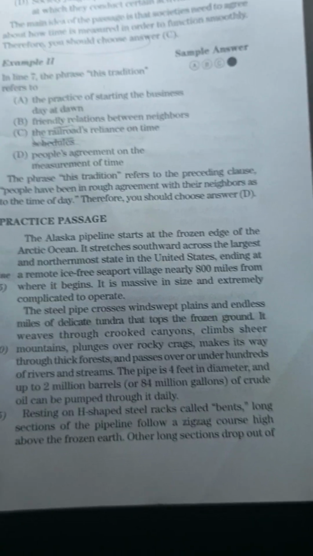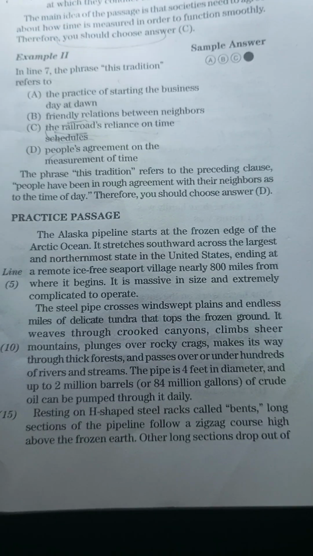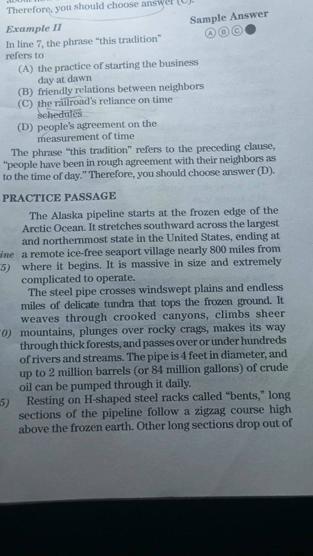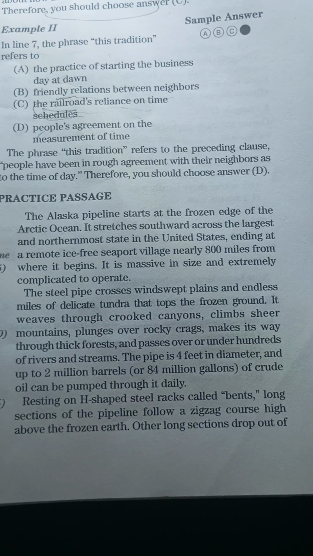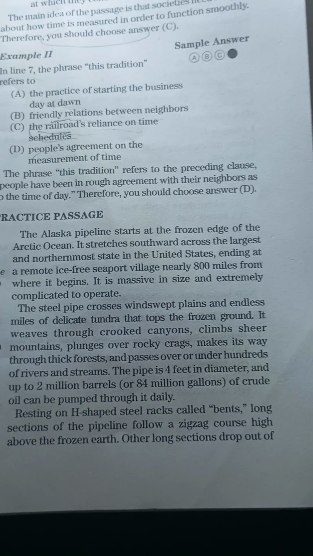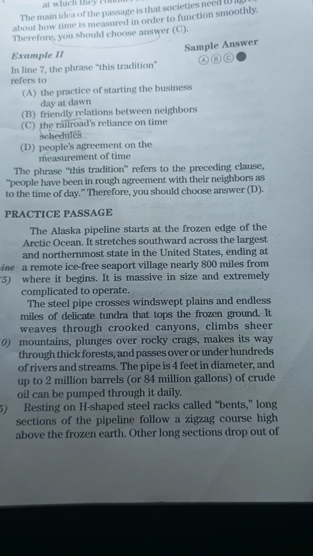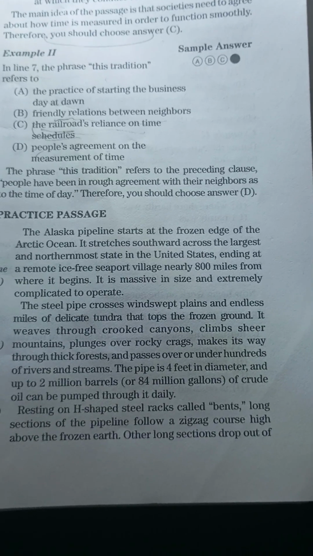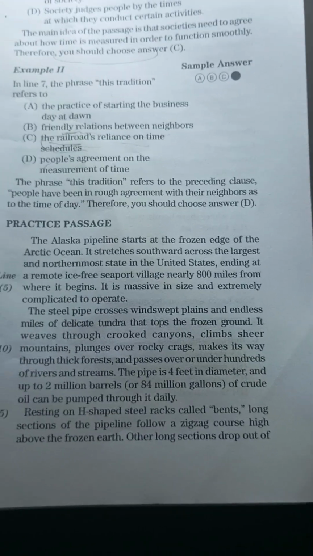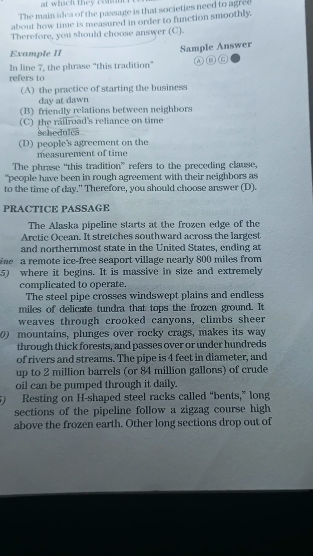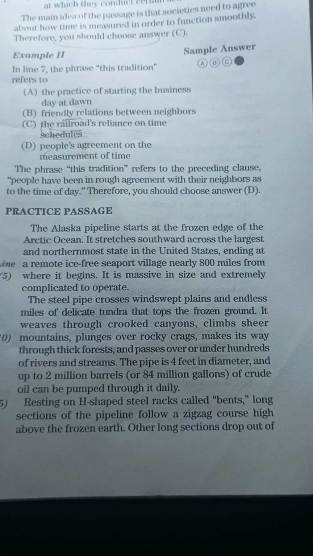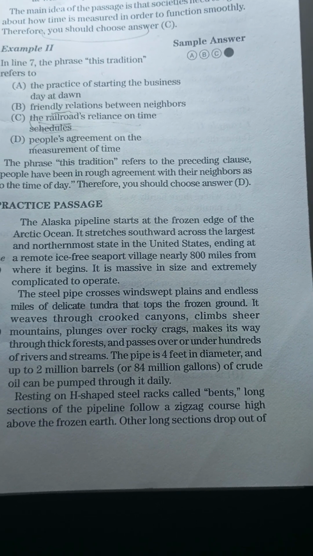The Alaska pipeline starts at the frozen edge of the Arctic Ocean. It stretches southward across the largest and northernmost state in the United States, ending at a remote ice-free seaport village nearly 800 miles from where it begins. It is massive in size and extremely complicated to operate. The steel pipe crosses windswept plains and endless miles of delicate tundra that tops the frozen ground.